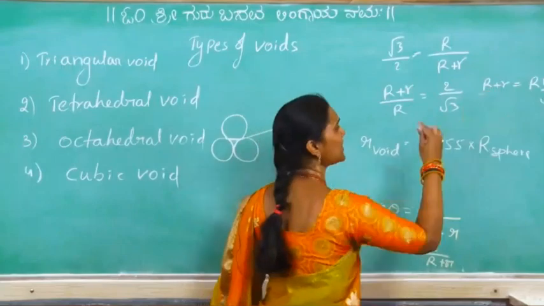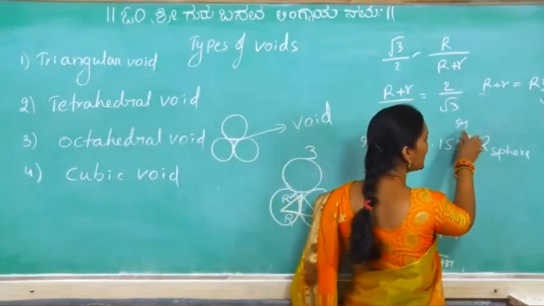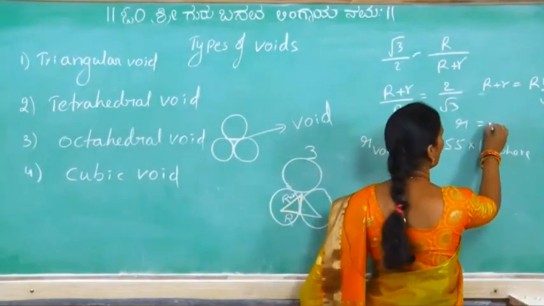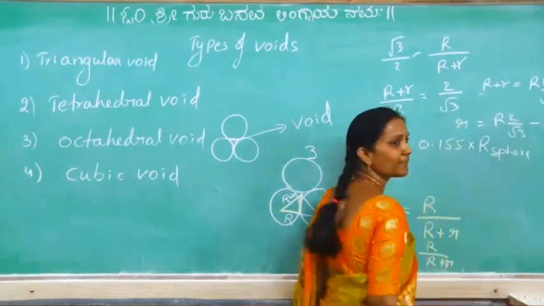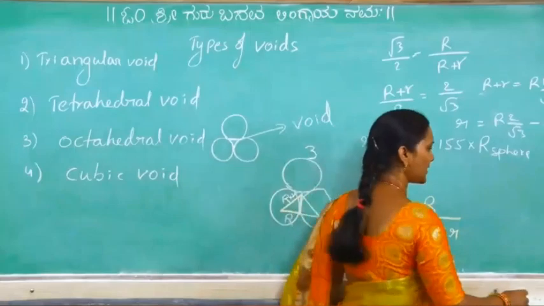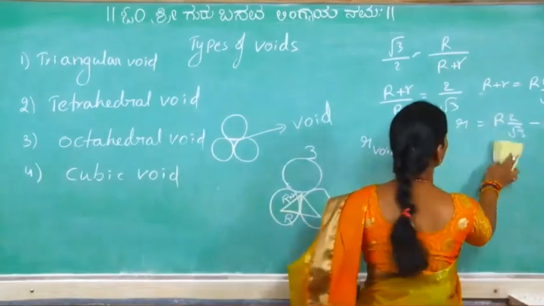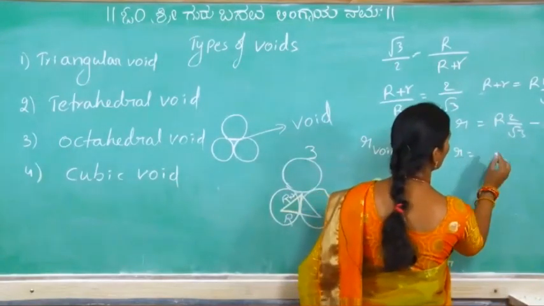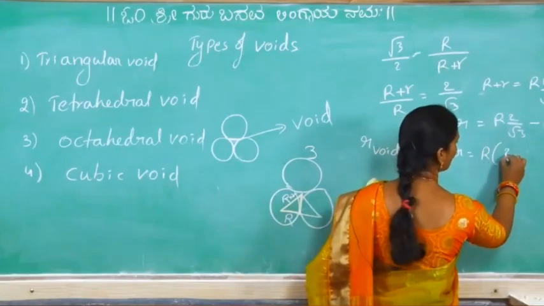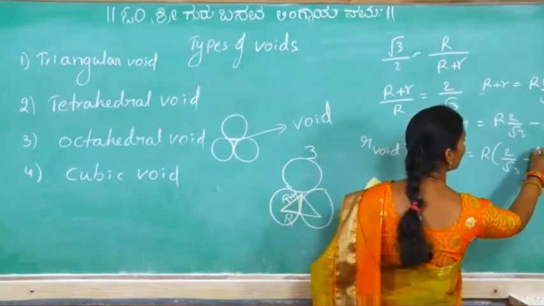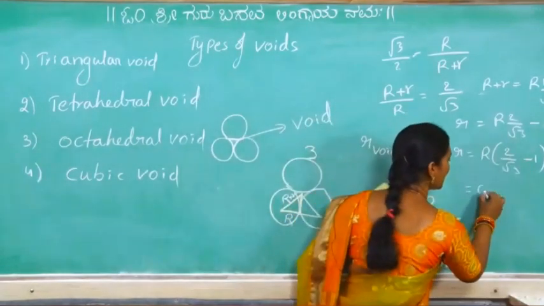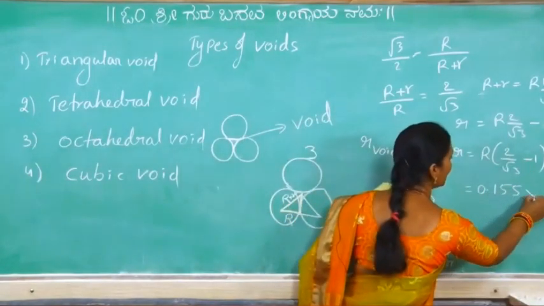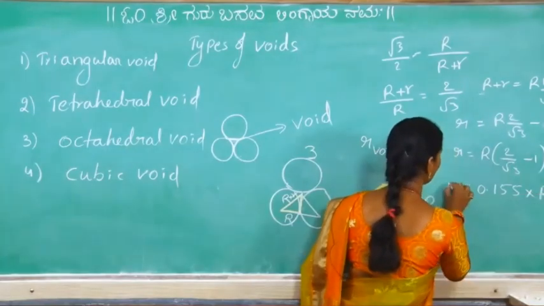Now shift this R that side. r, nothing but radius of void, is equal to R into 2 by root 3 minus R. Now what we are getting here? Radius of void is equal to R, take common, 2 by root 3 minus 1. If you simplify this, here this value we are getting 0.155 into radius of the sphere.